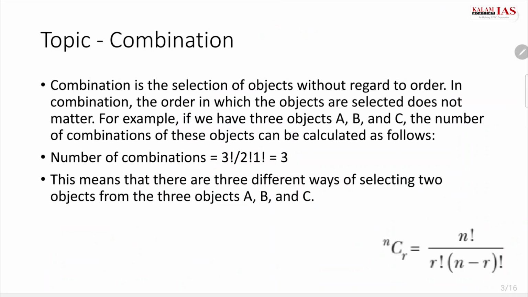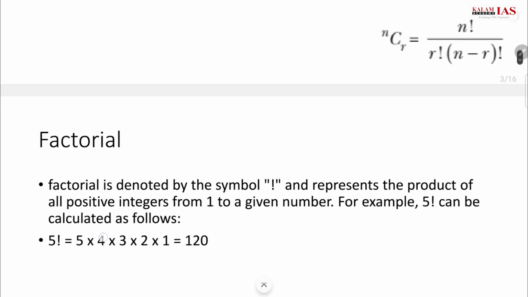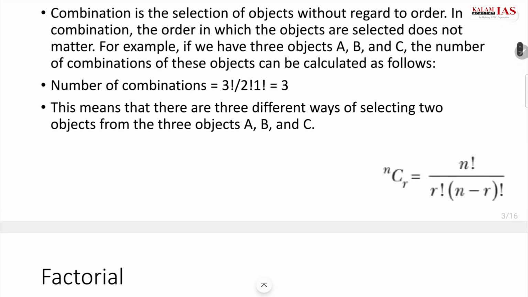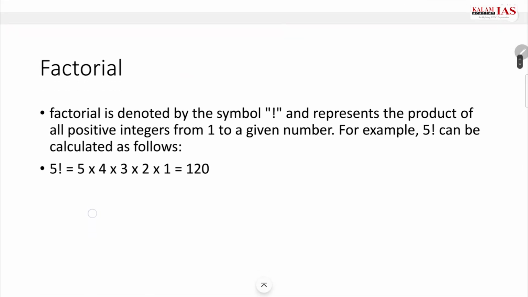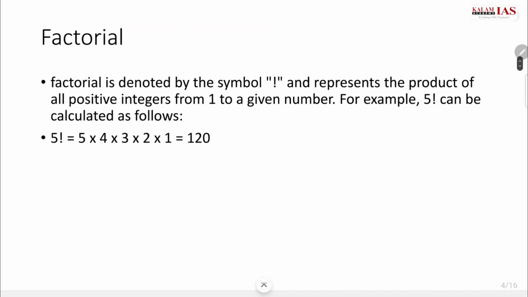Moving on, we will see the concept of factorial, because in these formulas you see n factorial. Factorial is denoted by the exclamation mark symbol. This symbol is known as factorial. In these formulas we need to apply the concept of factorial to get combinations and permutations. So what is factorial?